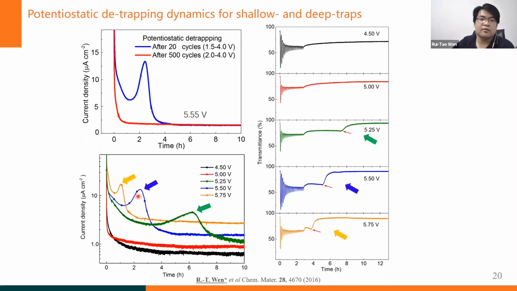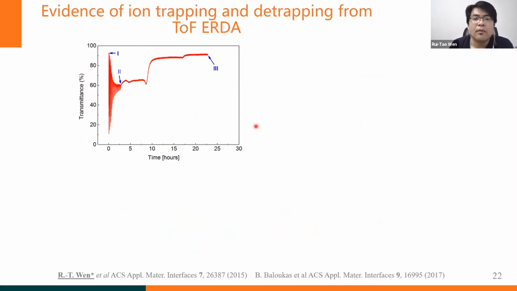Okay, as you can see from here. So we talked a lot about the ion trapping, detrapping. People may ask, do you have direct evidence to support your hypothesis that there's ion trapping, detrapping? Okay, so here is the answer. For example, we have tungsten oxide that we immersed into electrolyte at the very beginning.